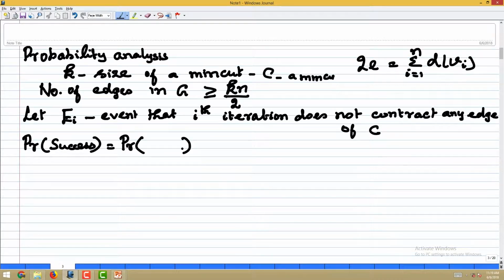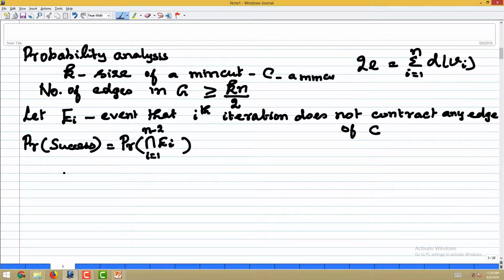So, first iteration does not contract, and second iteration does not contract, and third iteration does not contract, and finally the last iteration also does not contract. So, what is needed? Probability of intersection i equal to 1 to n minus 2 Ei. Okay. We have to estimate this probability. This is the success probability.